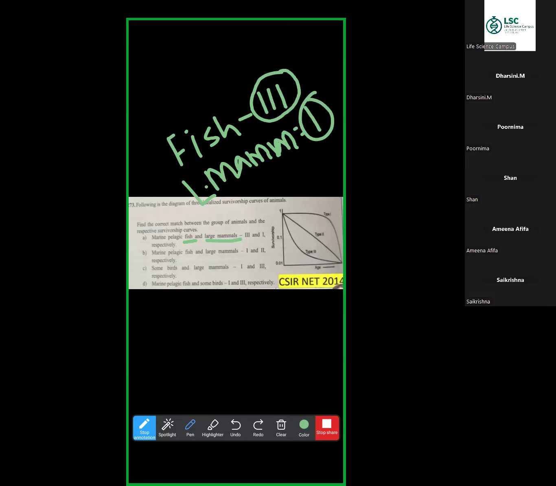You can eliminate other options. Here 1 and 2, 1 and 3, 1 and 3. So right answer is 3 and 1. Option A is the right answer. In this case, they are asking birds also.